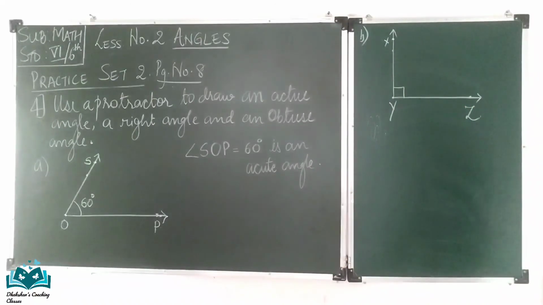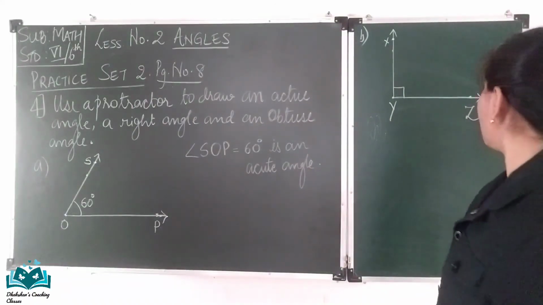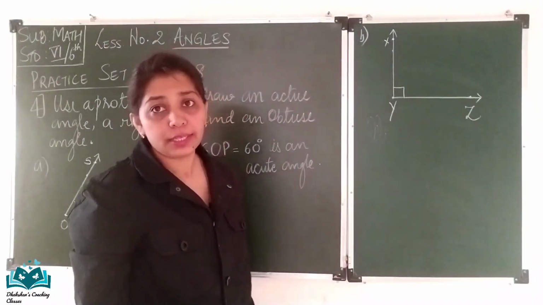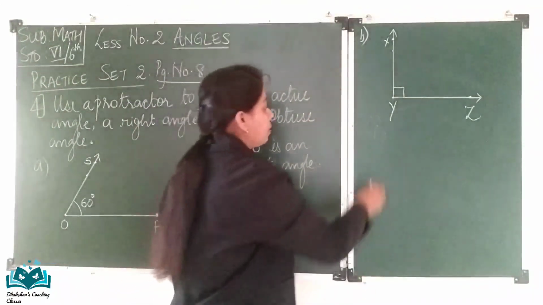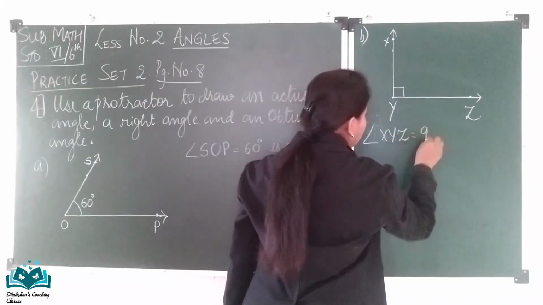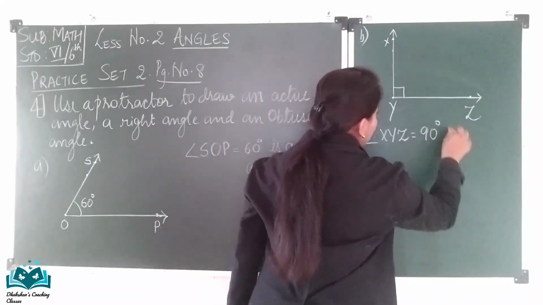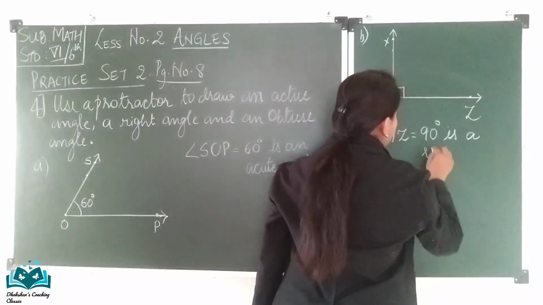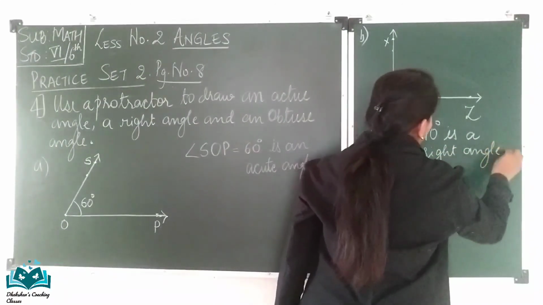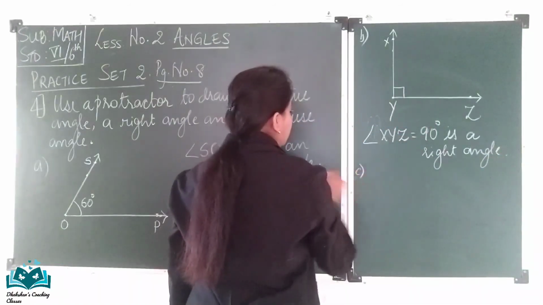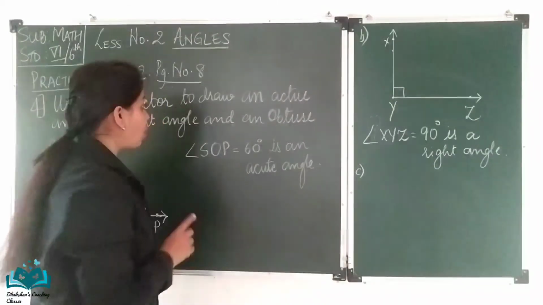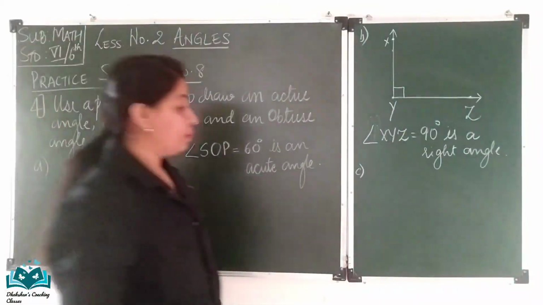Angle XYZ is my right angle whose measure is 90-degree. Angle XYZ is equal to 90-degree is a right angle. The last question of this exercise is to draw an obtuse angle.